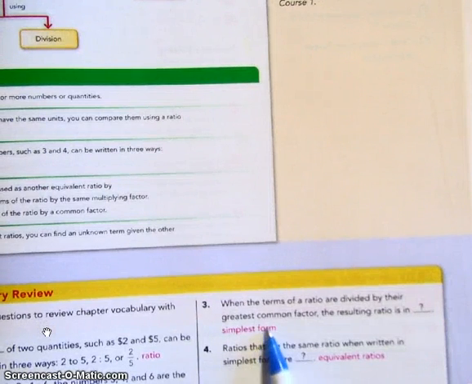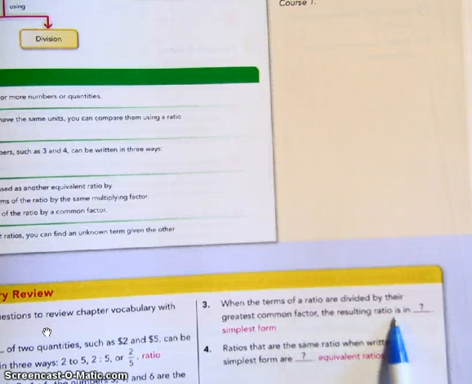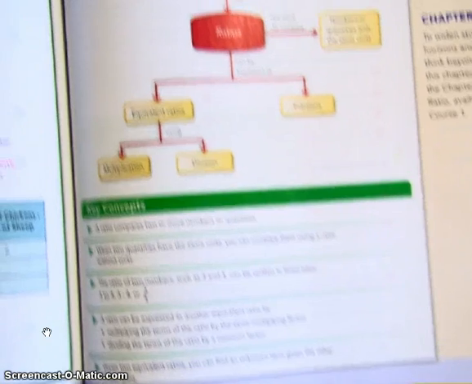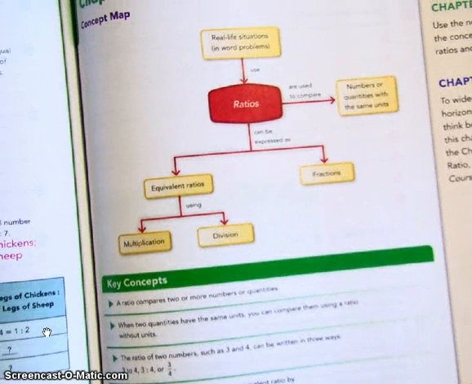Simplest form is when we divide by the greatest common factor, and the result is the simplest form. And to make an equivalent ratio, we would have the same ratio just written in a different form. So hopefully you have all those vocabulary terms and the things that ratios can do written down in your notes, and we will check those tomorrow and talk about our review.